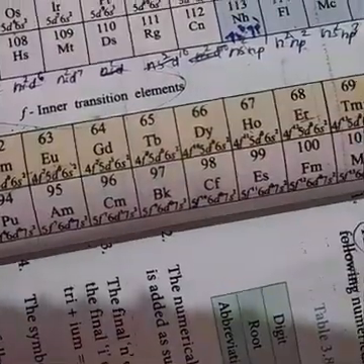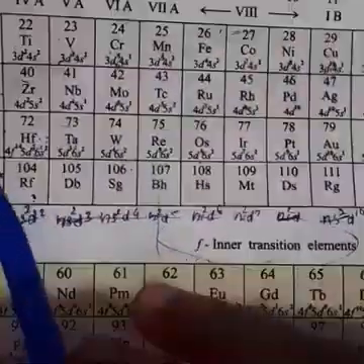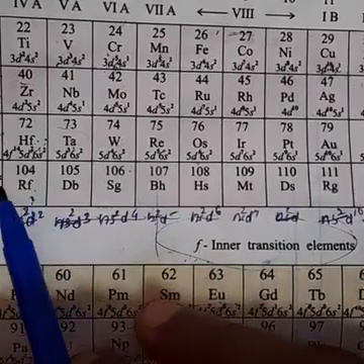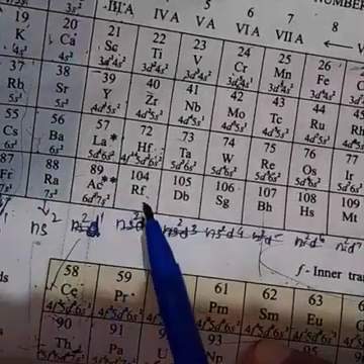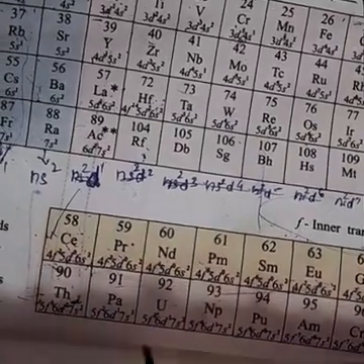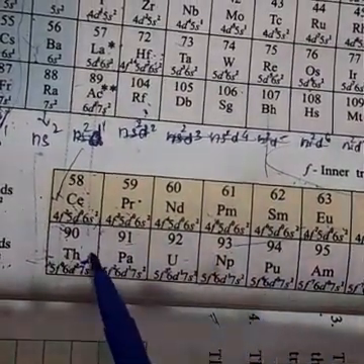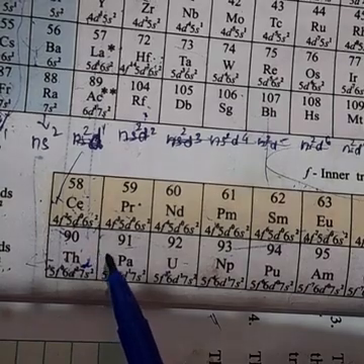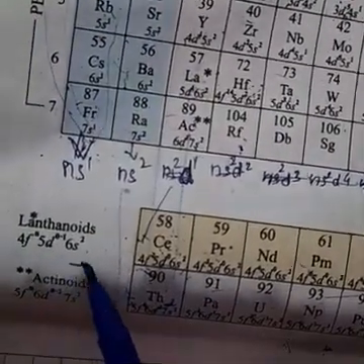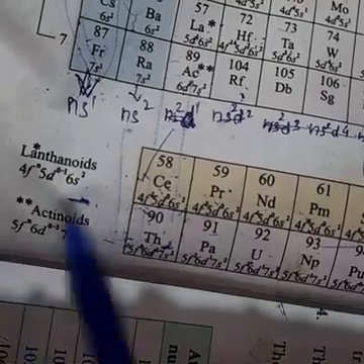It takes place in between actinium and rutherfordium. So these elements we call the actinoids. You should study the outer electronic configuration 4f 1 to 14, 5d 0 to 1, 6s2. Okay, very very important, study well.